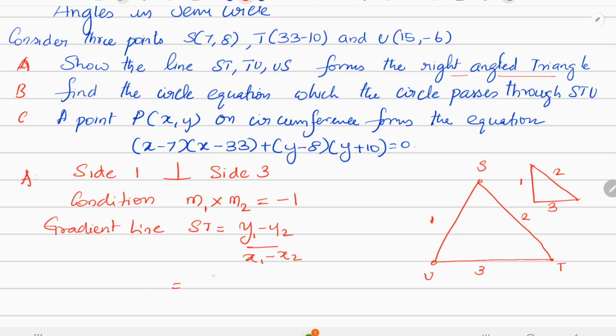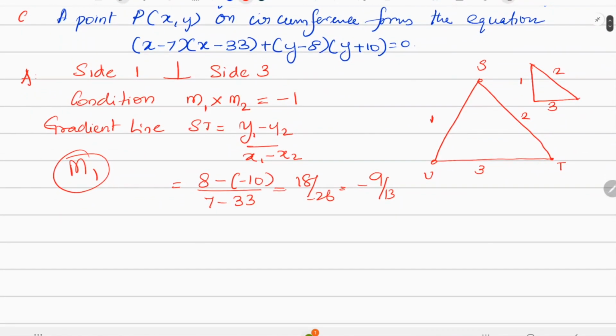So (y1 - y2)/(x1 - x2) equals 18 over -26, which equals -9/13. This is gradient 1, m1. I need to find the gradient of another side.